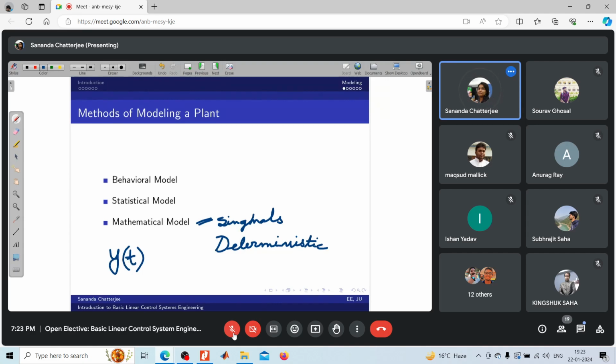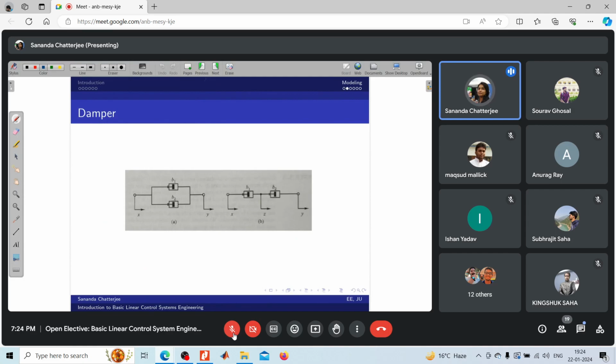It could be time, it could be space, it could be a function of both space and time. Okay, so the value of this y for a particular value of this independent variable will be fixed. Is it clear? Yes, ma'am. Okay, so this will be our assumption for the rest of the course. So we'll deal with only deterministic signals.